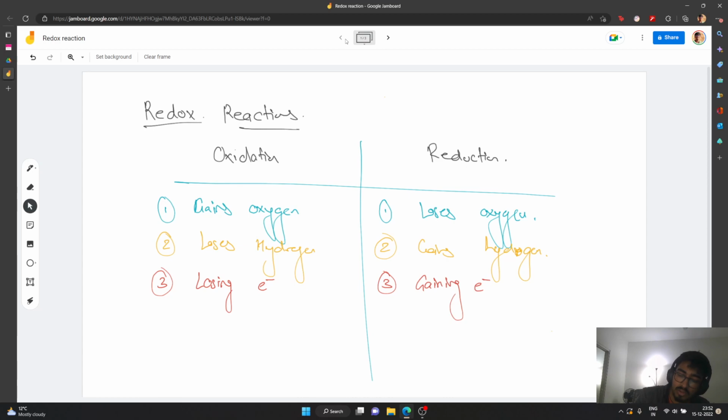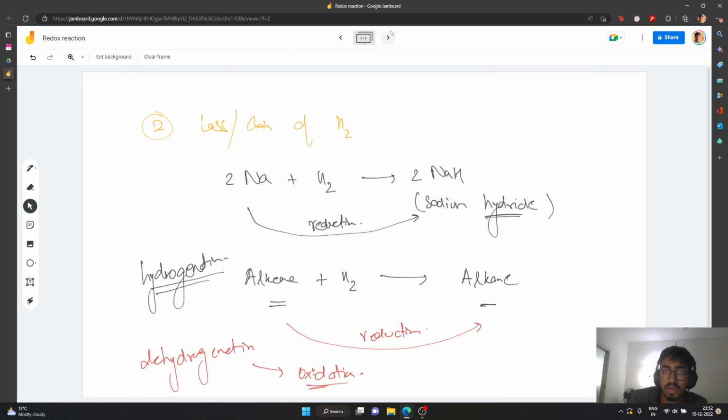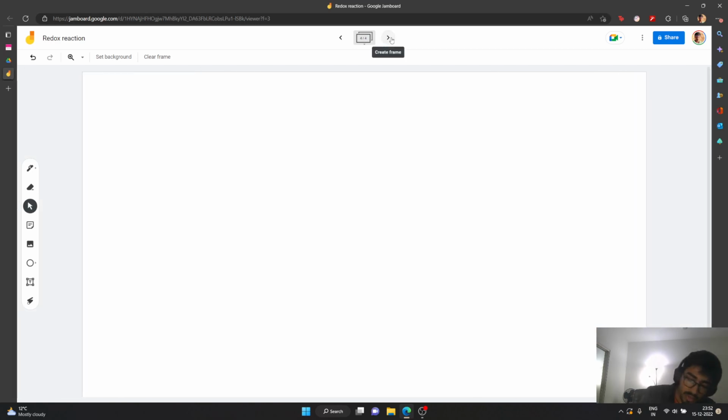Again, we are continuing to broaden our definition. Now we have gotten to a point where we are talking about the gain or loss of electrons. When we talk about electrons, then we can start talking about ions, because electrons have charge, and when electrons are lost or gained, you'll have charge coming in and going, right?